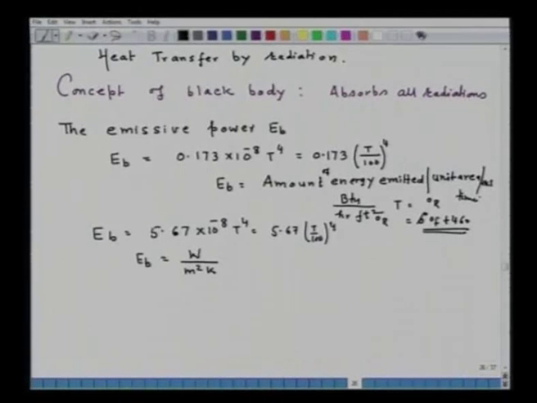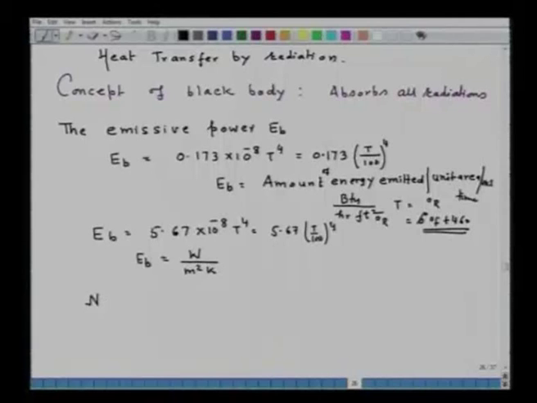So, an important thing in case of radiation is that black body is an idealized concept, just to represent, understand and quantify the amount of energy radiated per unit time, per unit area. In fact, the behavior of all non-black bodies is defined by the term called emissivity.